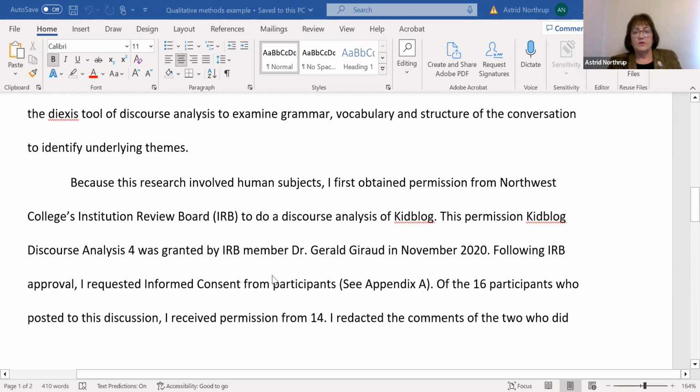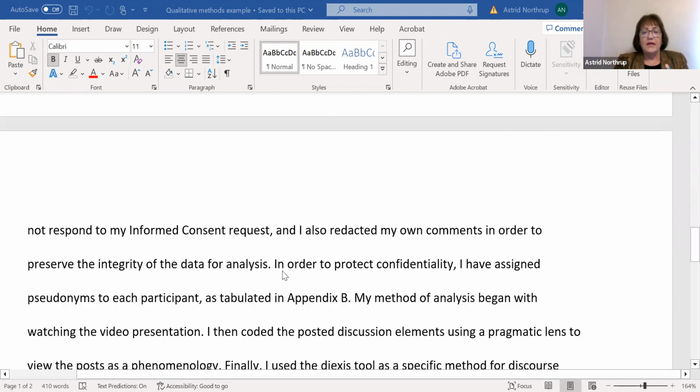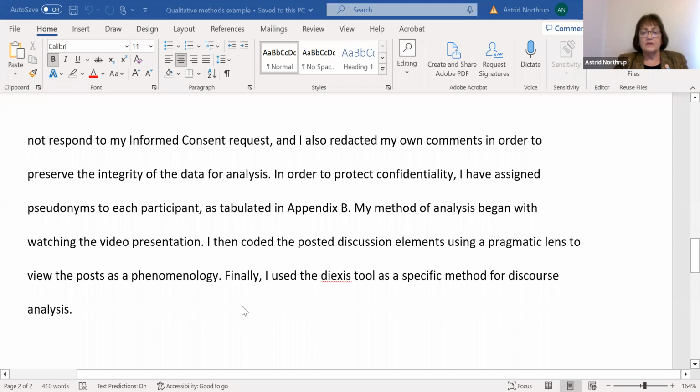Then this is something that would not be important to our study, but because I was using human subjects, I had to do institutional review board analysis to make sure I wasn't harming anybody. And then I had to get their consent. And then I just go through and talk about the process of how I did it. Once again, I don't really talk about what I actually did. I just talk about my approach.